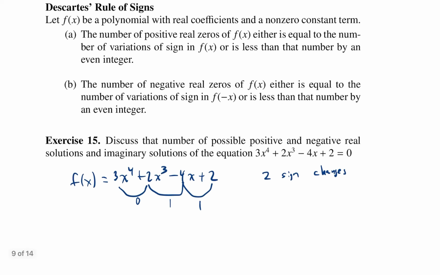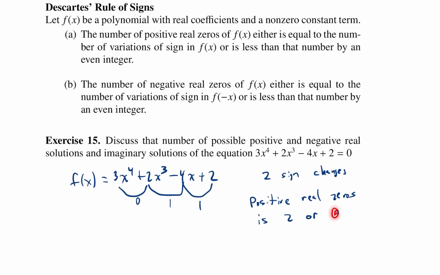All right, so the number of positive real zeros is either 2 or is less than that by an even number. Well, the only even number that you can subtract would be 2. So the number of positive real zeros is 2, or if you subtract 2, is 0.